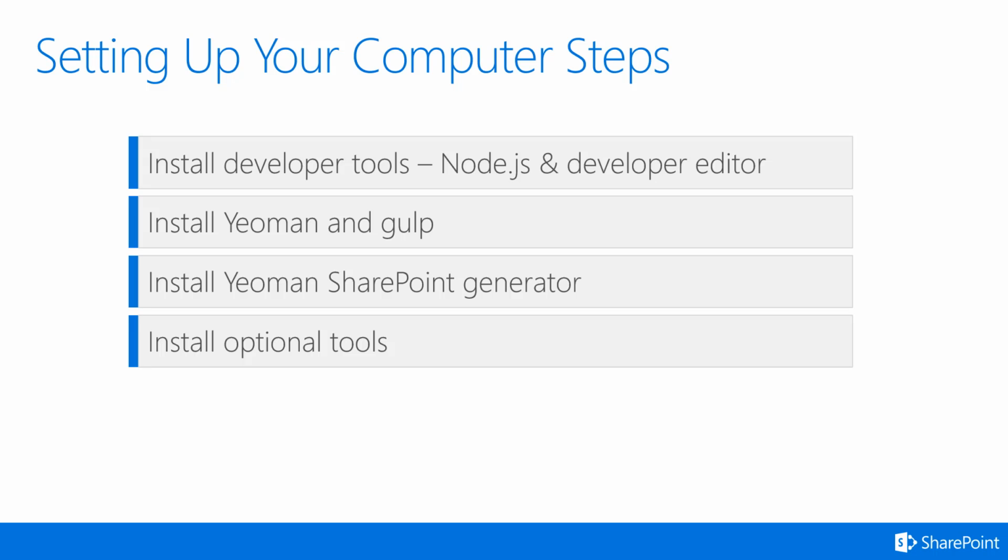You'll need to also install Yeoman and Gulp, which are the underlying tooling used by the SharePoint Framework development platform. Then you need to install the Yeoman template for SharePoint Generator, which brings you the SharePoint Framework solution structures when you're executing Yeoman for the templates. And then there are numerous optional tools which you can install and use as part of your development as well.